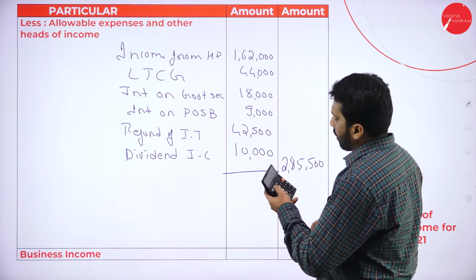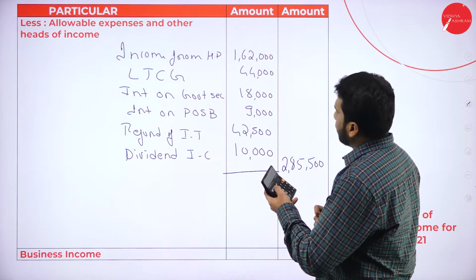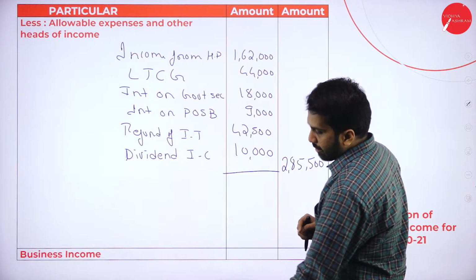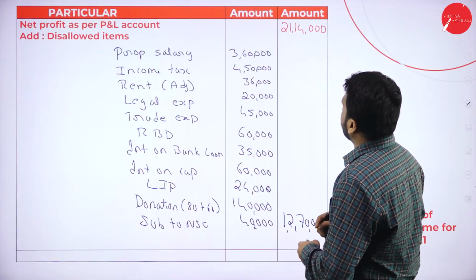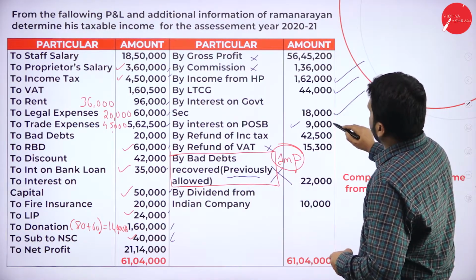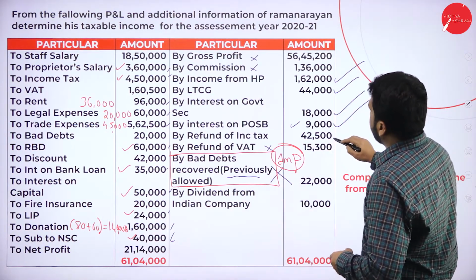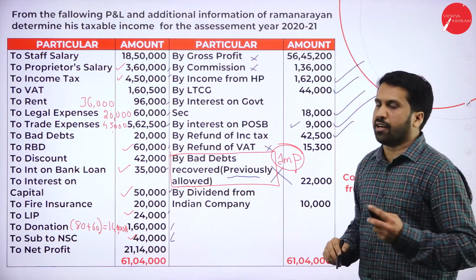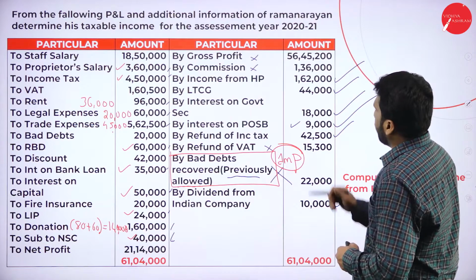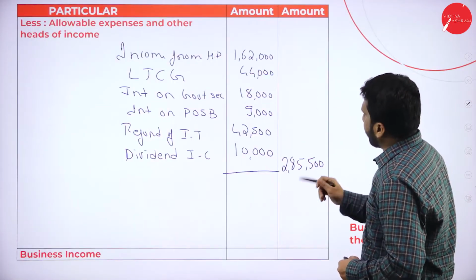As per this, we have 1,62,000, 44,000, 18,000, 9,000, 42,500 as per income tax, and we have 10,000. Yes, we have taken everything.